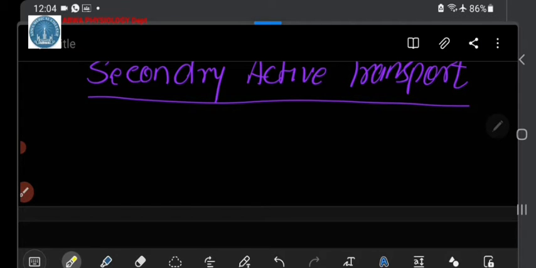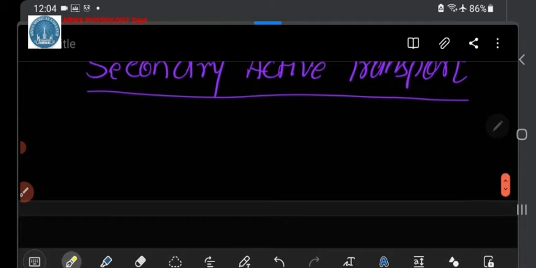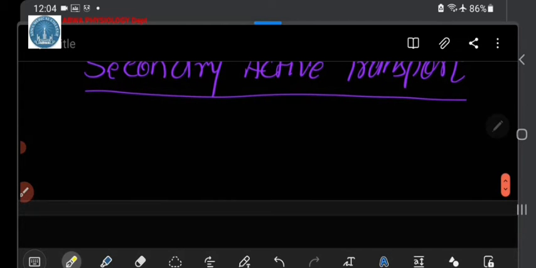So the energy is derived secondarily from the energy that has been stored in the form of ionic concentration difference of secondary molecules or ionic substances between the two sides of the cell membrane, actually created originally by the primary active transport. For example, if these molecules have to go there against the concentration gradient, this molecule also asks, please carry me with you.